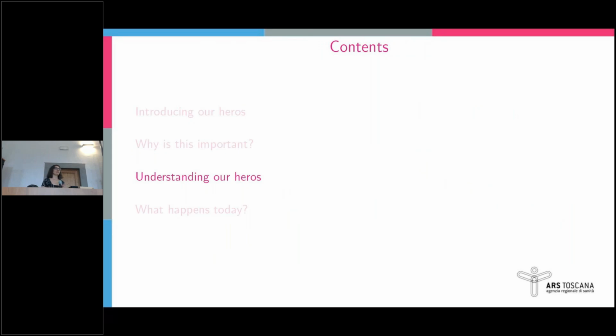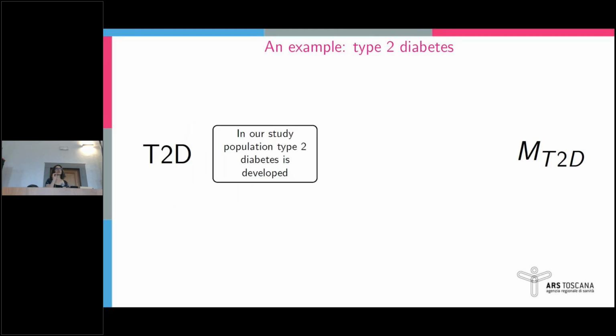So before we start today, let's try to get to know our heroes a bit more closely. Let's start with an example, type 2 diabetes, right? So we have on the left our study population, which has type 2 diabetes in some distribution, right?